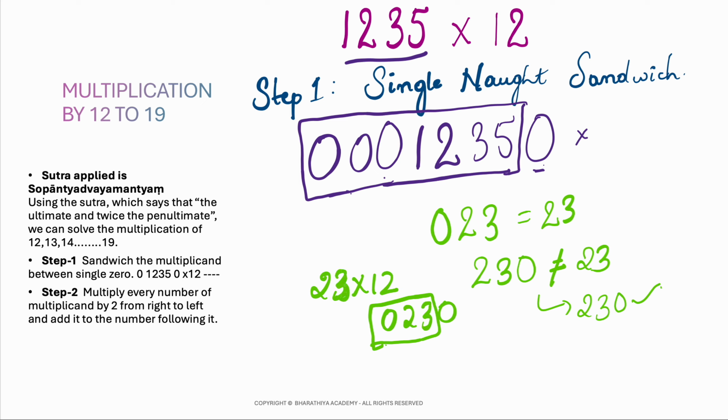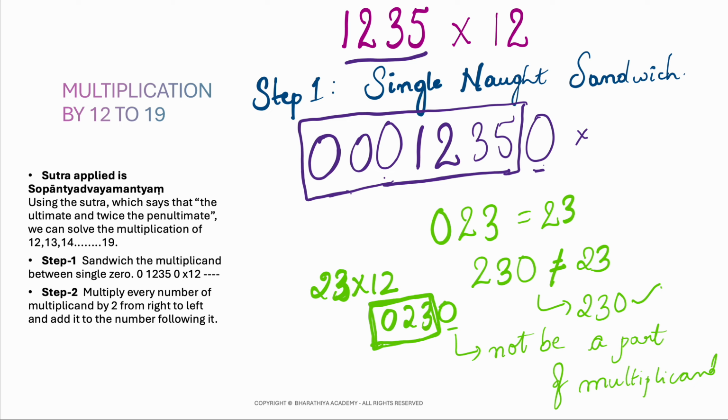This 0 will not be a part of the multiplicand, clear? But a 0 will be added there as part of the single knot sandwich method. You will use it in certain steps, but when we say multiplicand, it is these numbers only.